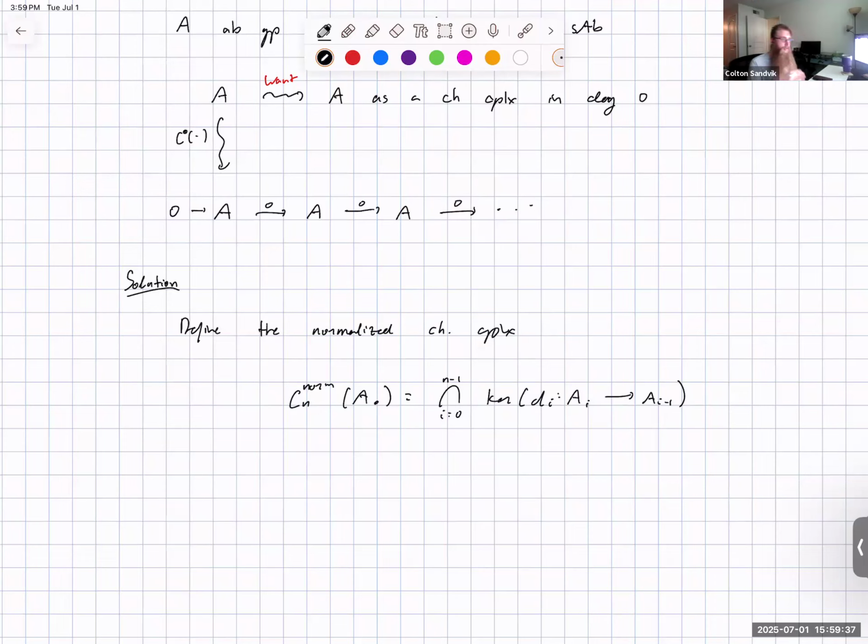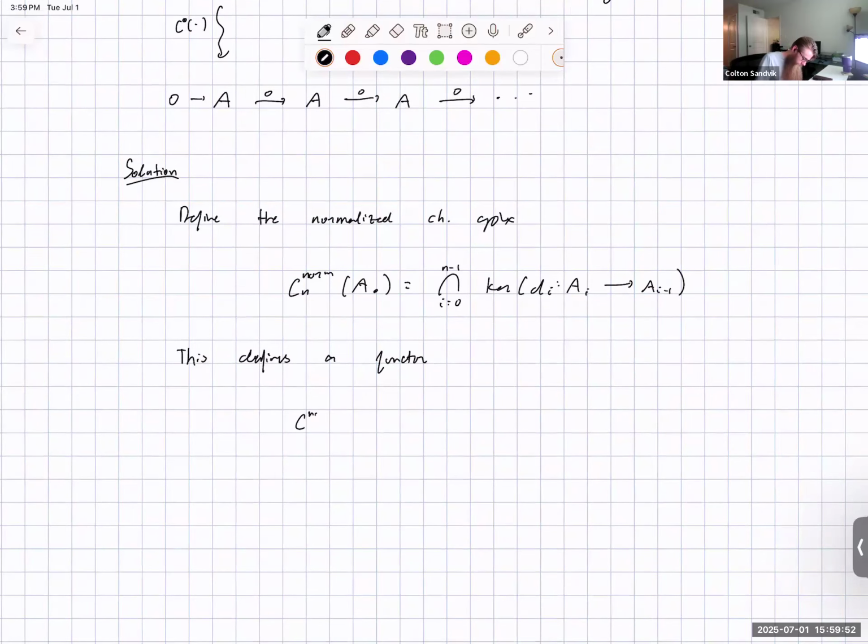And just as before, with the differential restriction, there are certainly things to check, but the upshot is that we get a functor now from simplicial abelian groups to positively graded chain complexes.